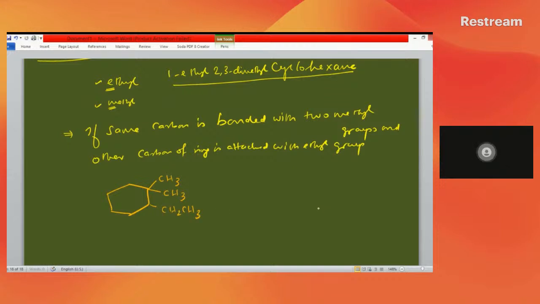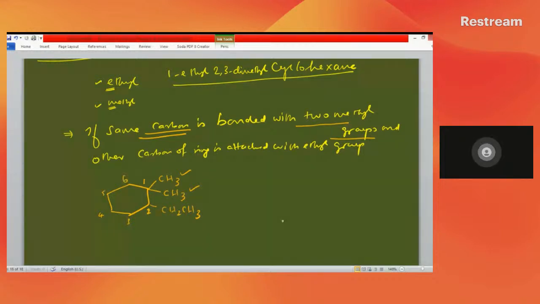In the previous example, 2 methyl groups are present in 2 different places, but here the methyl groups are attached to the same carbon. When more than one substituent is on the same carbon atom, that carbon should be preferred, and you have to take that as number 1. Here, don't prefer this ethyl. It must be numbered 2, 3, 4, 5, 6.